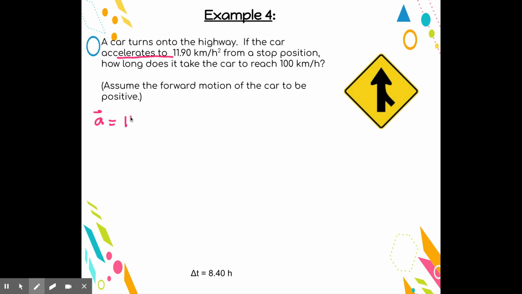So a is equal to 11.90 kilometers per hour squared. It says from a stop position, so v1 is 0 kilometers per hour. It's not moving. v2, you want it to be at 100 kilometers per hour. And it's asking you how much time does it take.